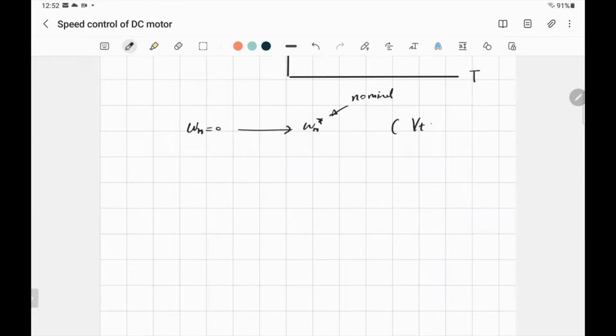VT will start from 0 and go to the nominal value, usually very close to it. Then, speed control beyond the nominal value of the speed is obtained by decreasing the field current. After that, you start to use the second method, and we call it field weakening, because you make the field weak. That's strange. You make the field weak, and you get higher speed.